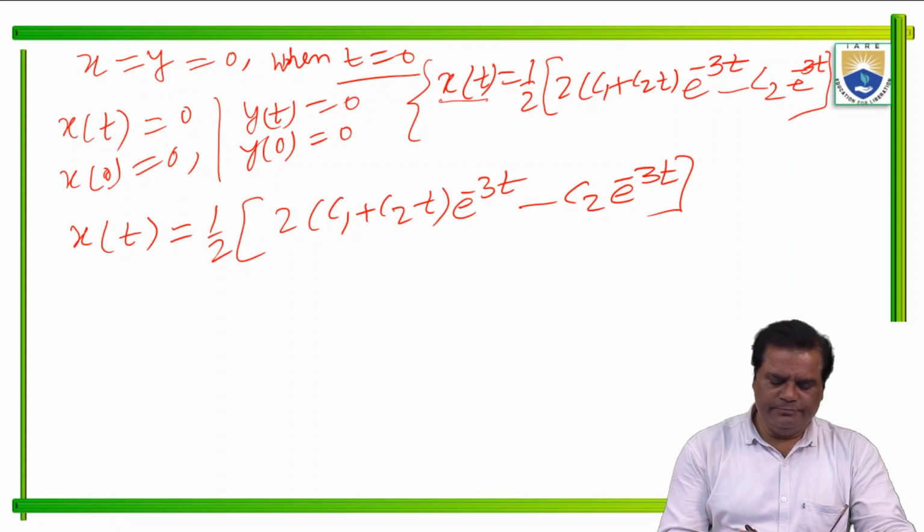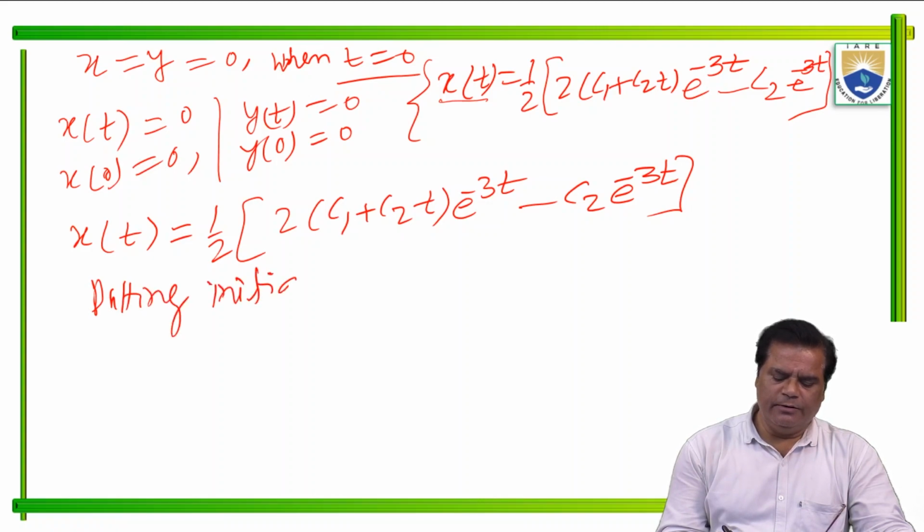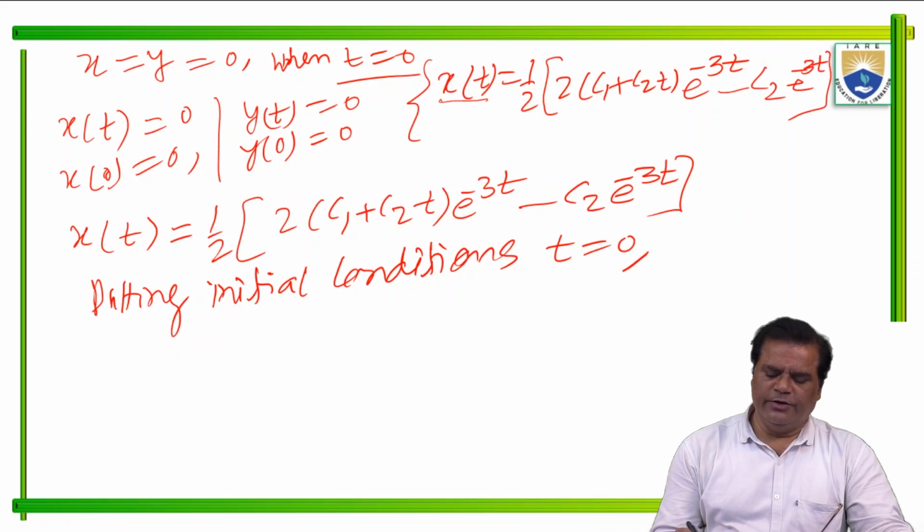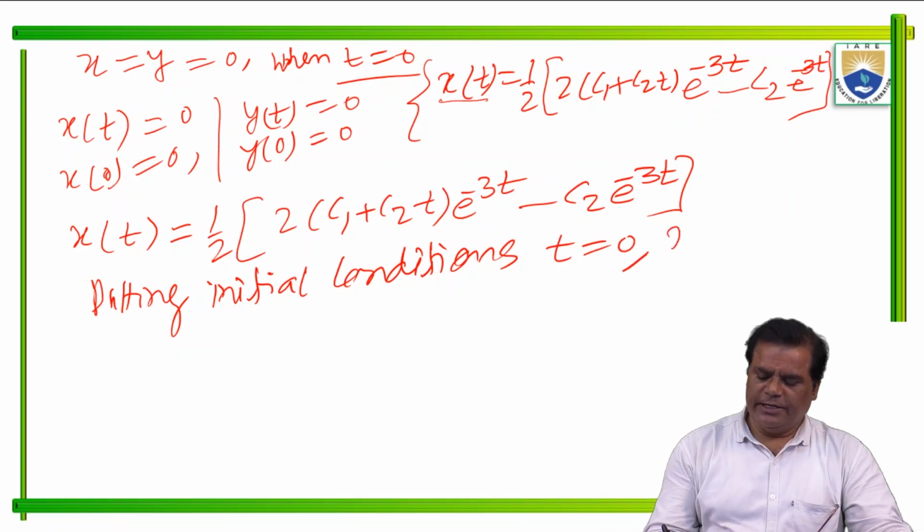Now putting the initial condition, t equal to 0, then x(0) is 0.